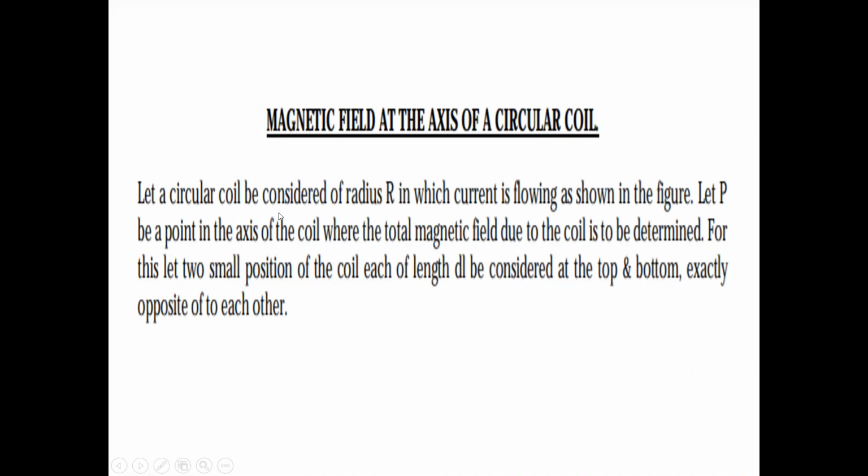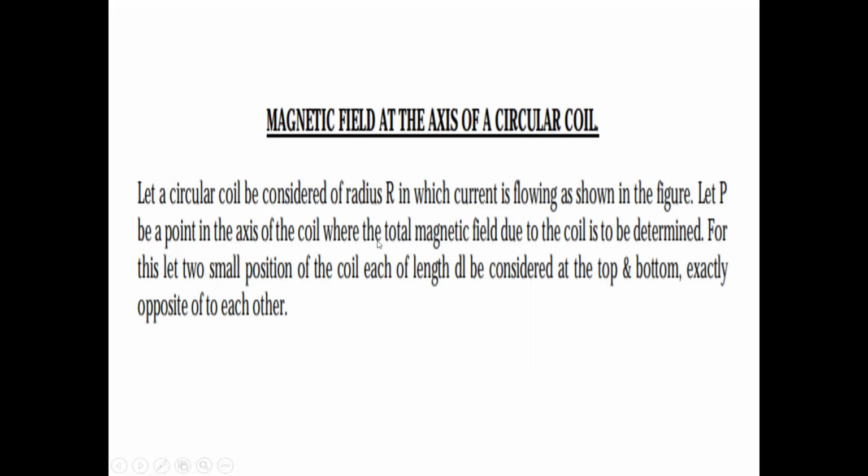A circular coil of radius R in which current I is flowing is considered, as shown in the figure. Let P be a point on the axis of the coil. The axis of the coil means an imaginary line which passes through the center of the coil.